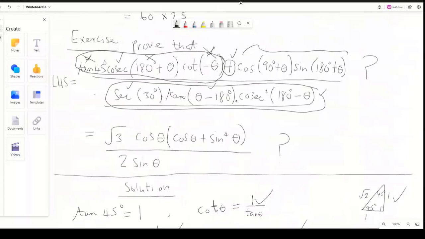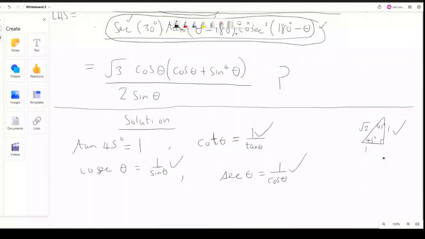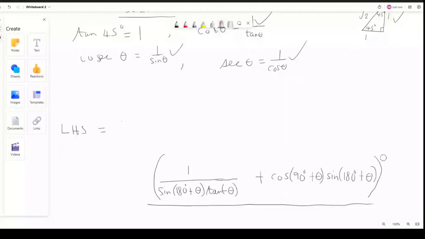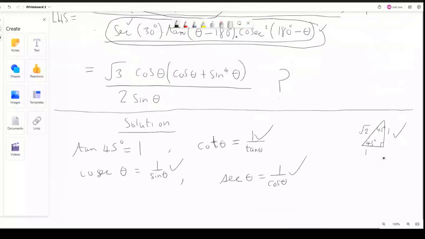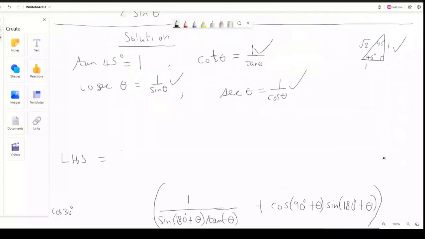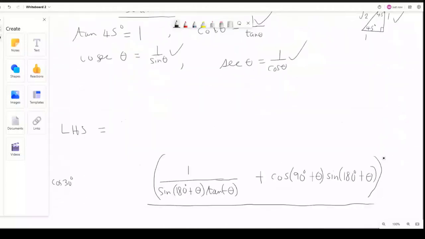Guys, can you hear me? Yes, sir, we can hear you. Okay, great. So I'm going to explain now what I'm doing. I want you to think about this. Tan theta minus 180. I just need to write it small.